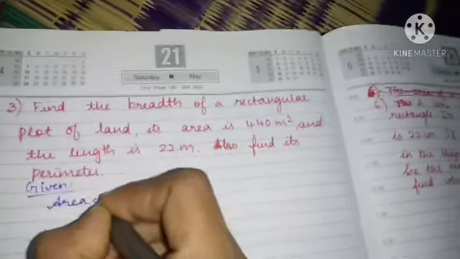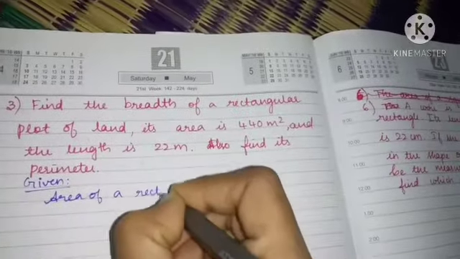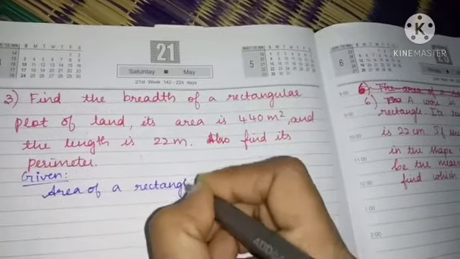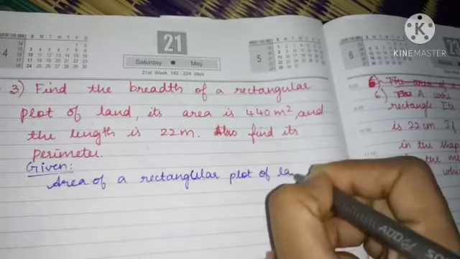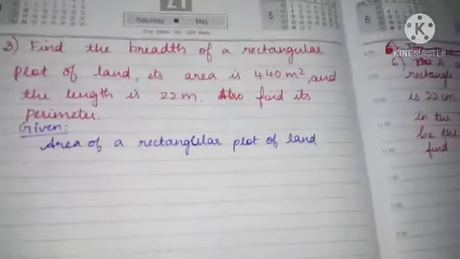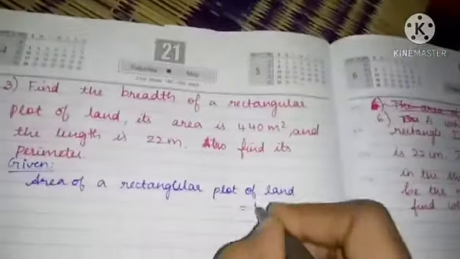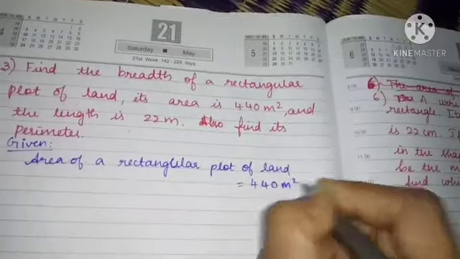Area of a rectangular plot of land. Okay, the area of the rectangular plot of land is equal to 440 meter square.